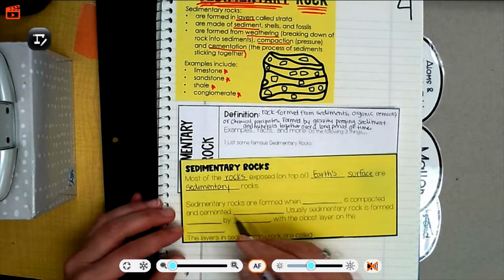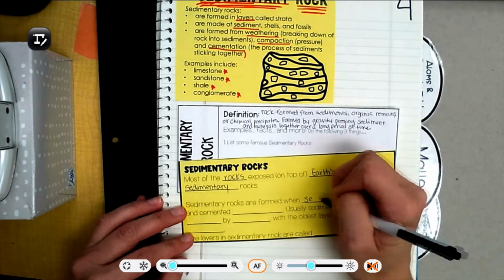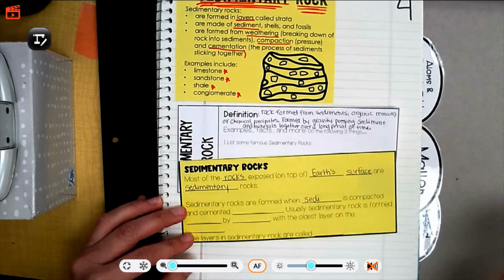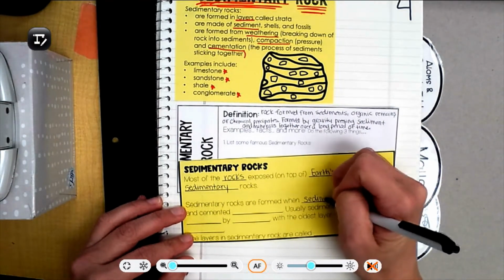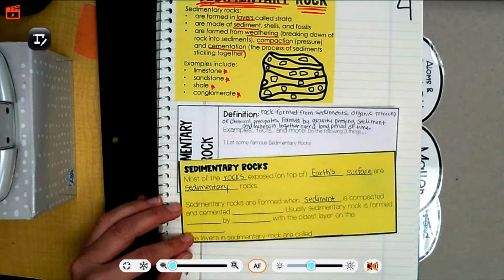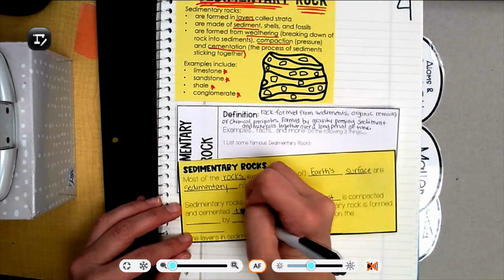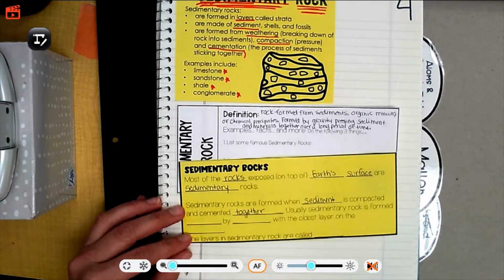Sedimentary rocks are formed when sediment. So sedimentary literally means made of sediment. Sediment is compacted and cemented together.